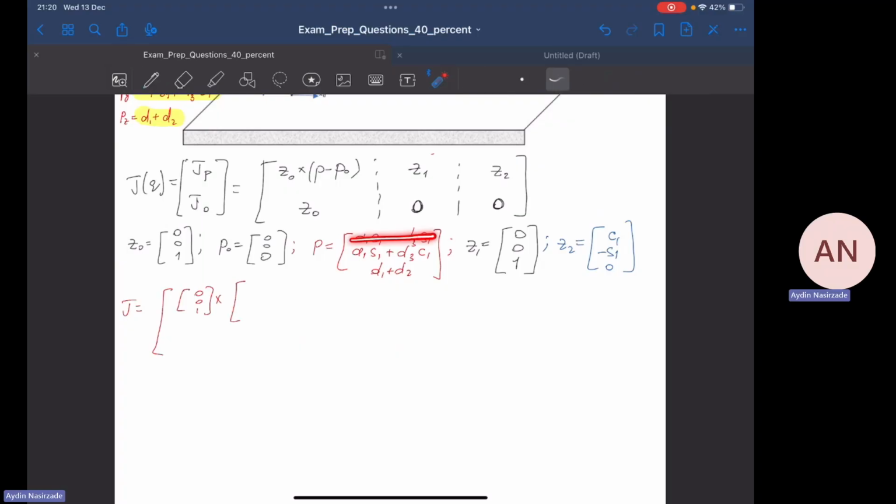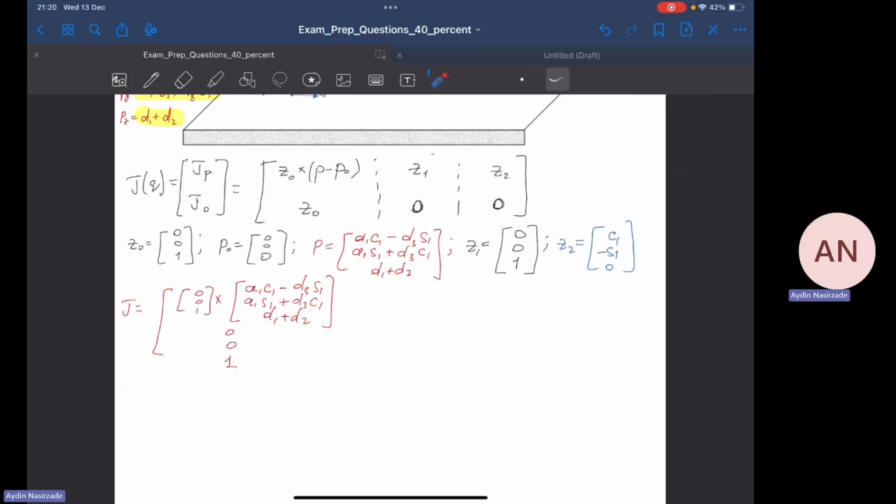Like element-wise, you have to subtract. It becomes A1 cosine of theta 1 minus D3 sine of theta 1, A1 sine of theta 1 plus D3 cosine of theta 1, D1 plus D2. Then we have 0, 0, 1 here for Z0.